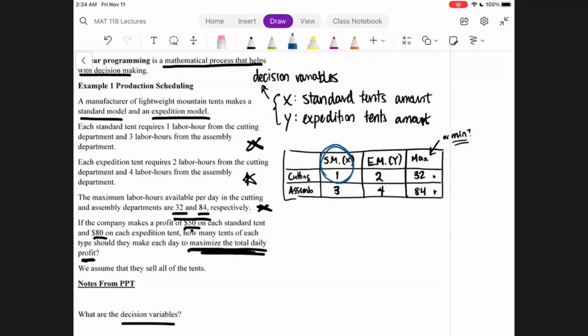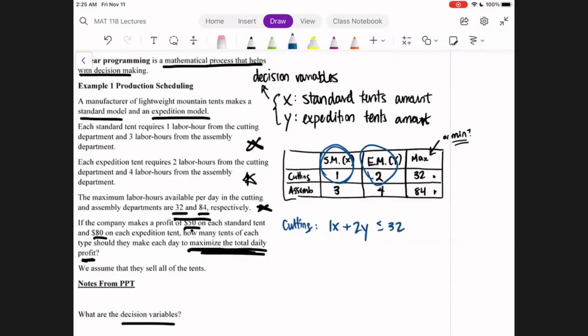How many would this give me? So for the cutting, we would have 1x plus 2y. And since this is a max, that would be the highest I can go is 32 or equal to 32. So this would be less than or equal to 32.